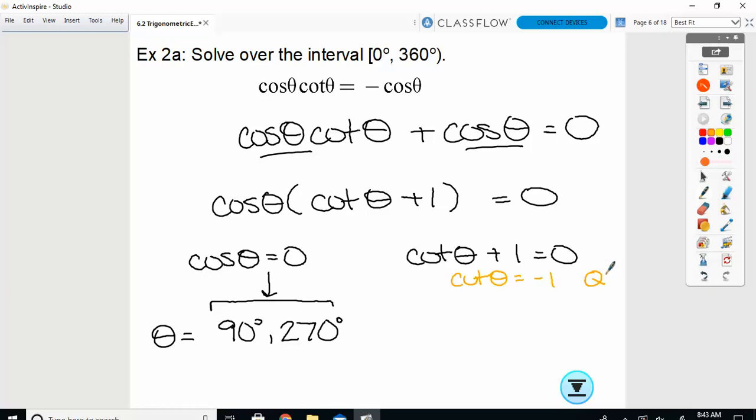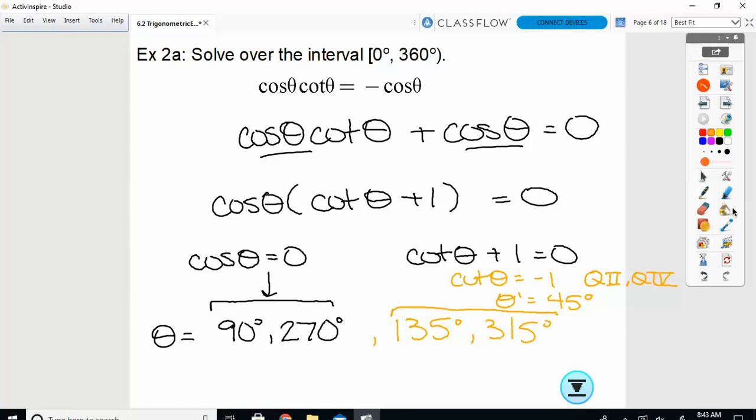When is cotangent negative? Reference angle. If cotangent is 1, that means tangent is 1. When is tangent equal to 1? Okay. So the answers for this part, 45 degrees in quadrant 2 and 45 degrees in quadrant 4.